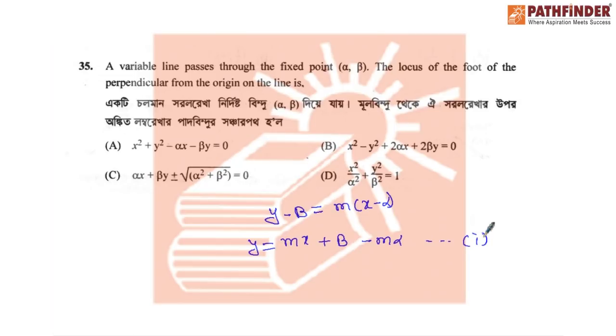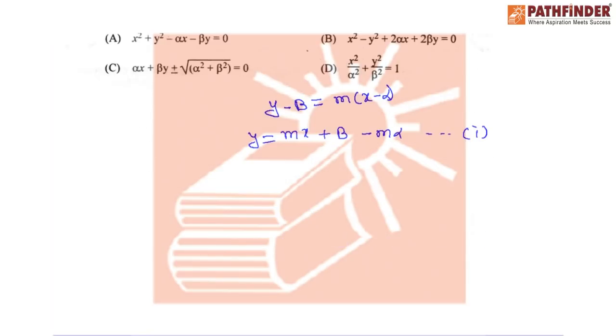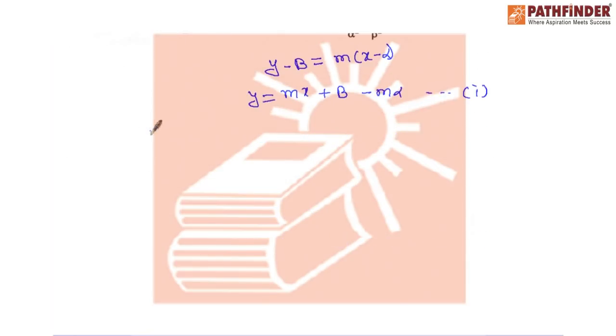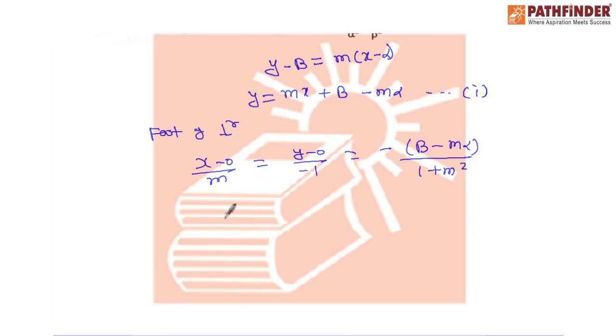Now foot of perpendicular from origin. On this line we are drawing the foot of perpendicular, so the foot of perpendicular from origin is (x minus 0) by m is equal to (y minus 0) by minus 1 is equal to minus (beta minus m alpha) by 1 plus m square, or x is equal to minus m (beta minus m alpha) by 1 plus m square, and y is equal to (beta minus m alpha) by 1 plus m square.